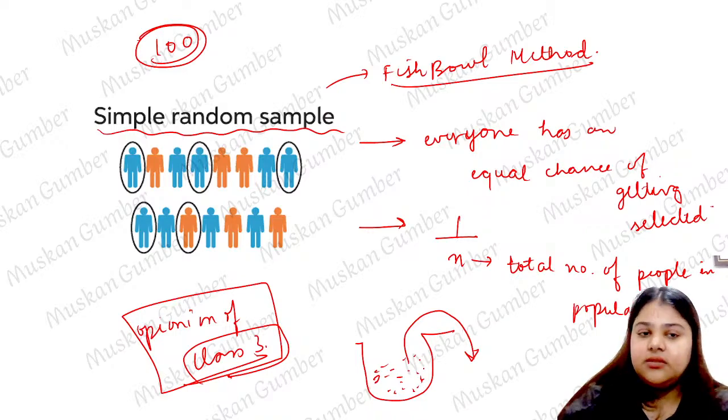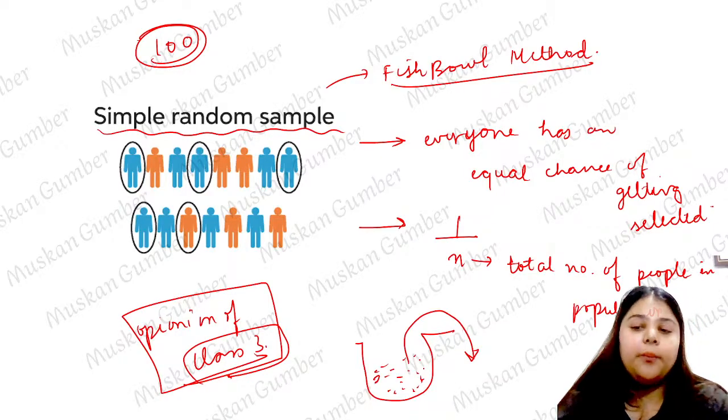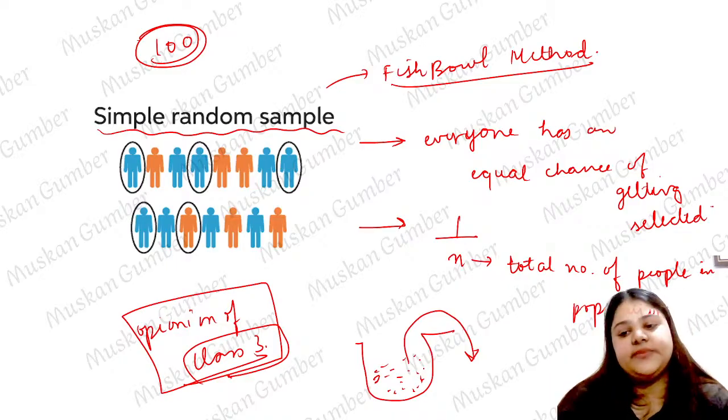Clear, everyone? Clear? Yes, 1 by n is the formula for simple random sampling.